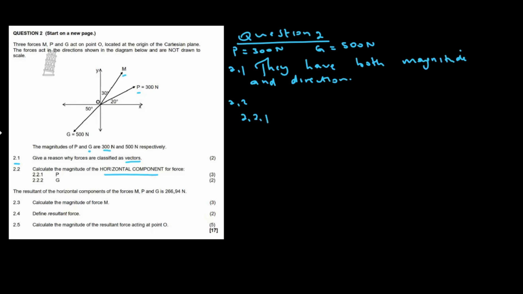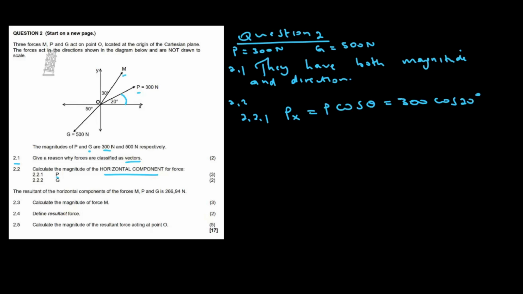I'm required to calculate the horizontal component of P. I'm going to call that P in X, and this equals P, the magnitude, times cos theta. Substituting the numbers, this is going to be 300 cos of the angle. The angle has to be the angle between the x-axis, or the horizontal axis, and the force. The angle between P and the x-axis is 20 degrees, so this is cos of 20 degrees.